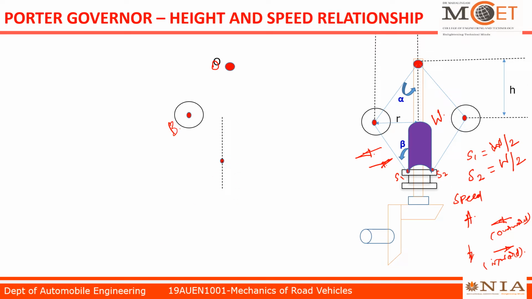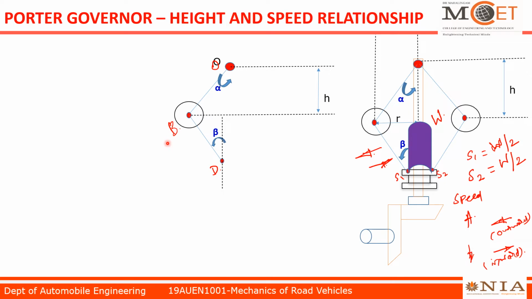I mark it as the sleeve point or deadweight point, point D. Now we make the upper arm and lower arm. The upper arm makes an angle of alpha with the central axis. The governor height is indicated as h. The lower arm makes beta angle as indicated here.